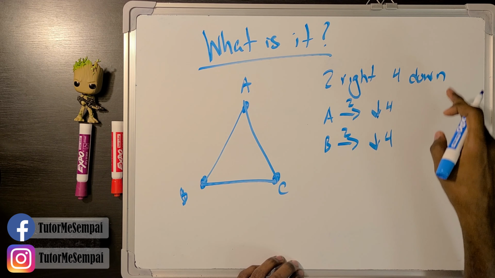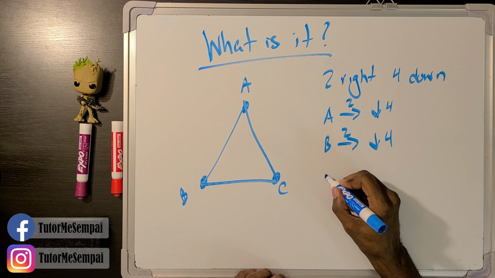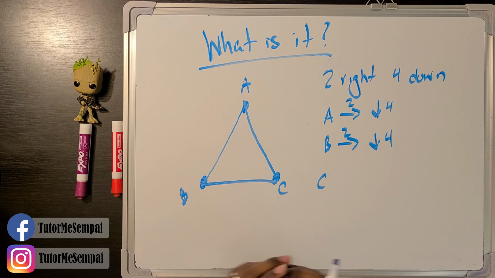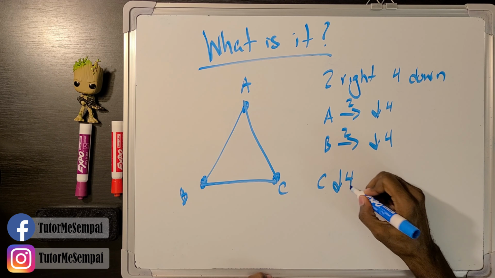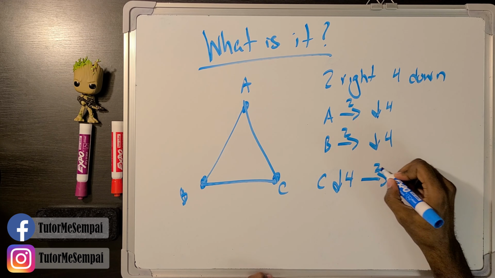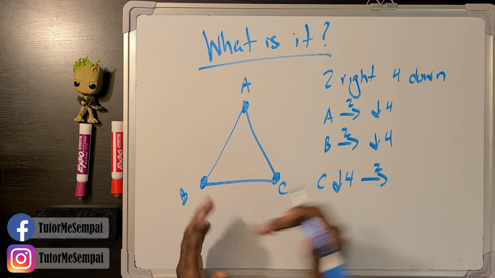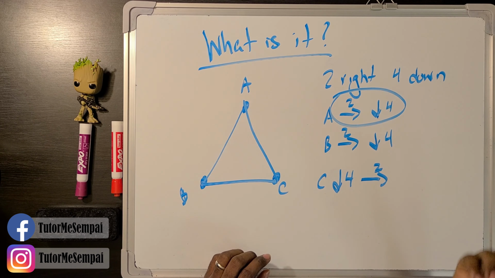Now, you don't have to do it in the same exact order as long as you do it. So let's say C goes down 4 and then over 2. When I say they move the same exact way, I mean they do the pair, or if it's a single one, the single one.